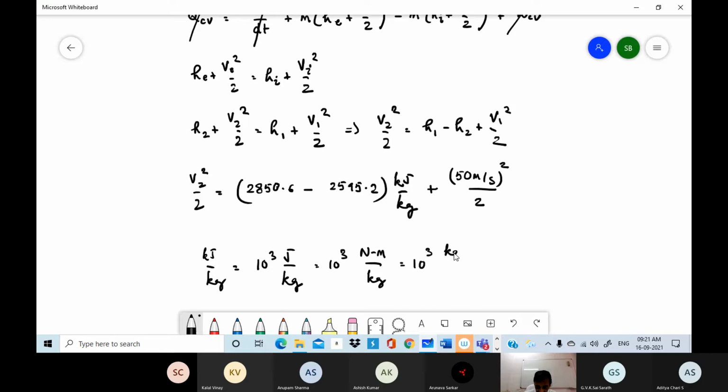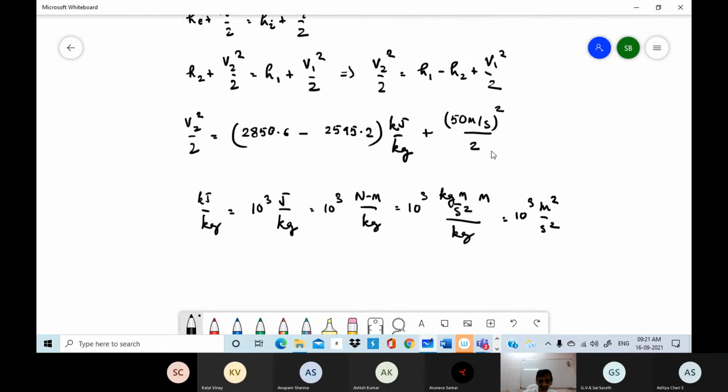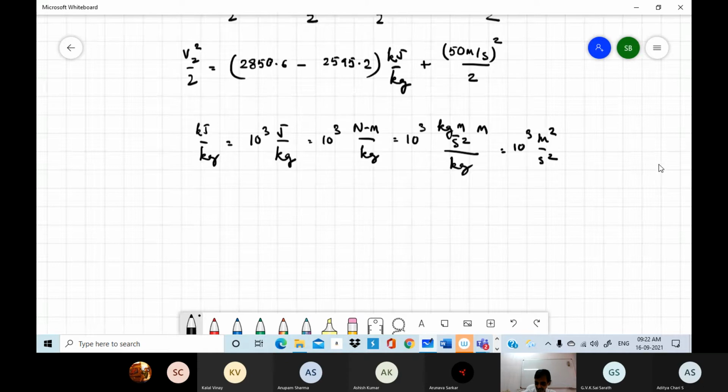And Newton is kg meter per second square. So essentially, if you convert this to joules per kg, joules per kg is the same as meter square per second square.